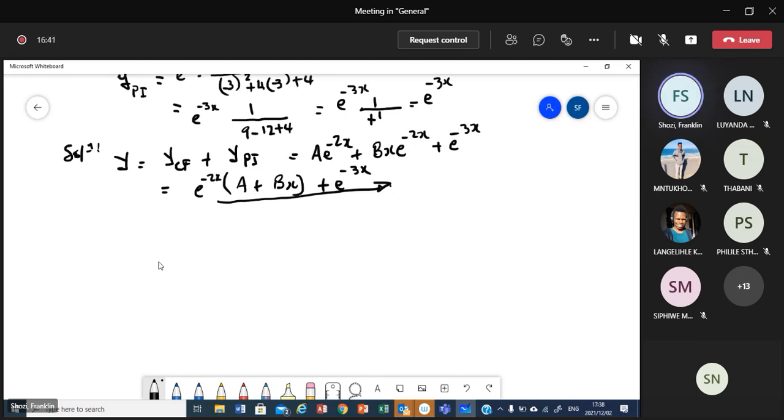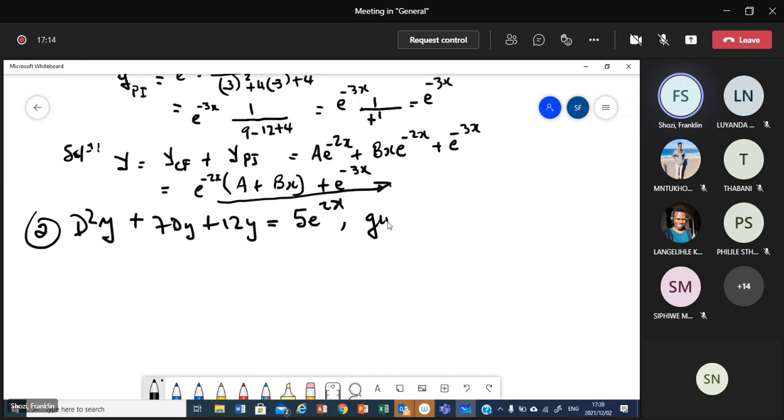Look at the following. It's right in your guide that I gave you, in case you do have it with you right now. This one says 2 D squared y plus 7 dy plus 12y is equal to 5e to the power 2x.